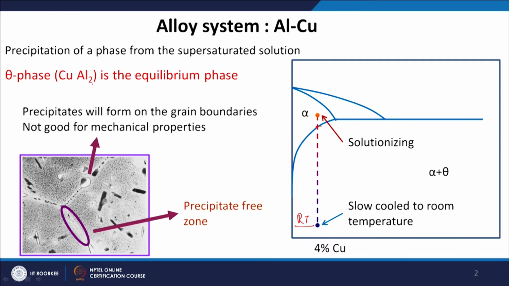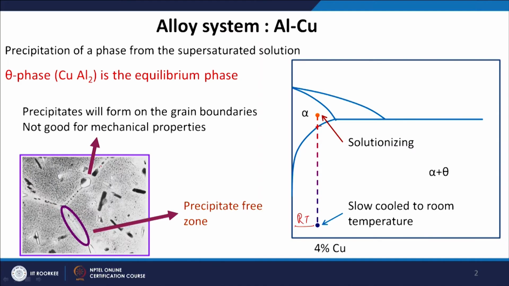Theta phase CuAl2 will precipitate out, because copper cannot be more than given by this phase diagram. So, the extra copper has to come out, and it has to come out in the form of another phase, which is going to be CuAl2.